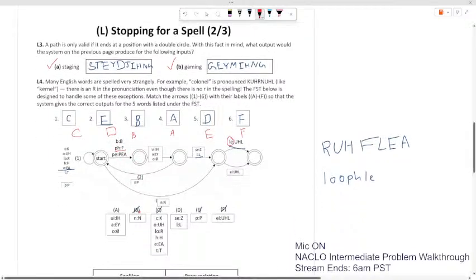Loop. And then since it's roughly, it would be L-O-O. Then L-E-A.